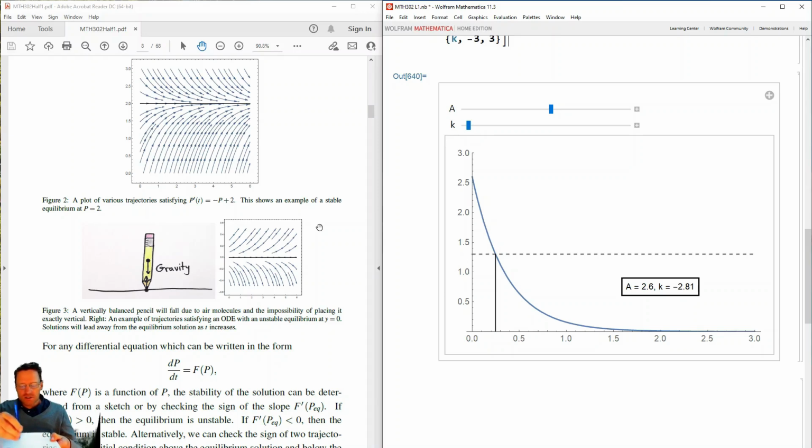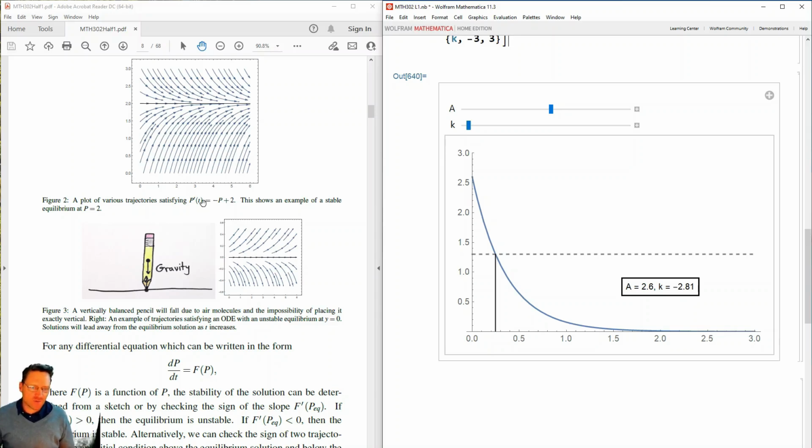It does not want to stay at the equilibrium that is, vertical balancing. It wants to just fall one direction or another. So if you have a differential equation with an unstable equilibrium, then trajectories will tend away from that equilibrium solution as time goes on. I will point out that an equilibrium solution is an actual solution to the differential equation.